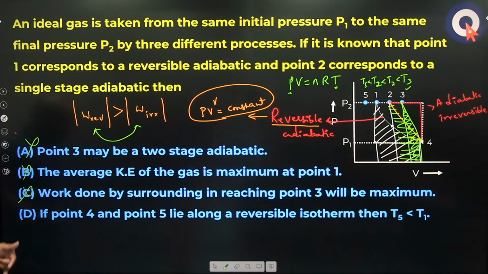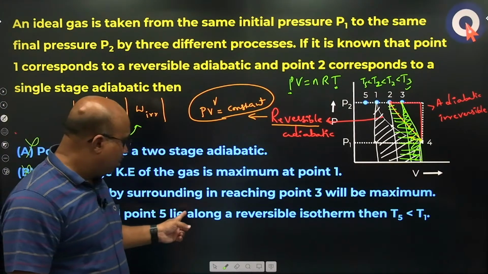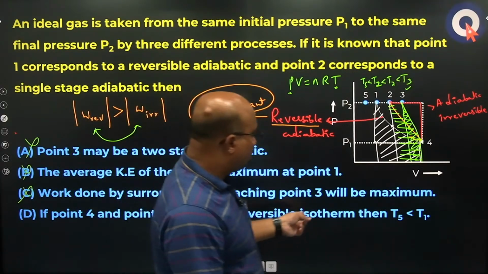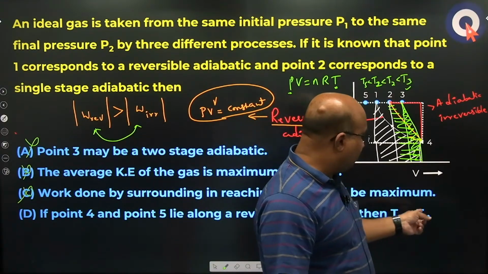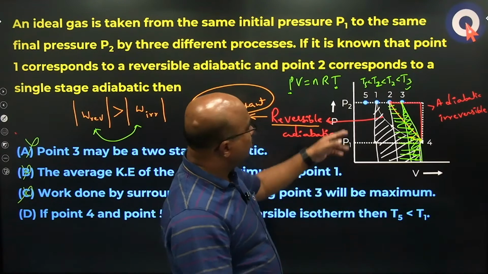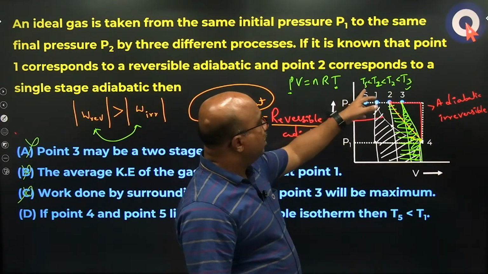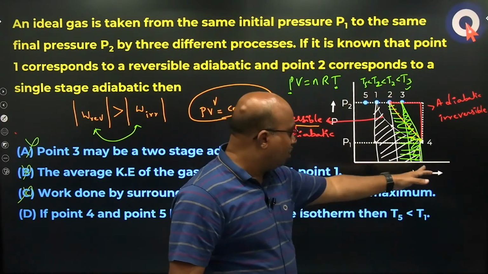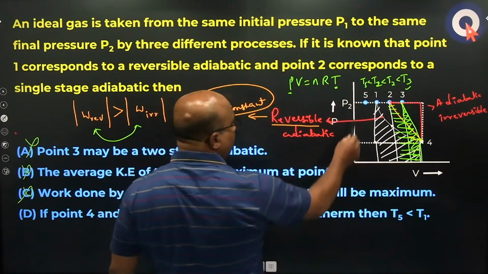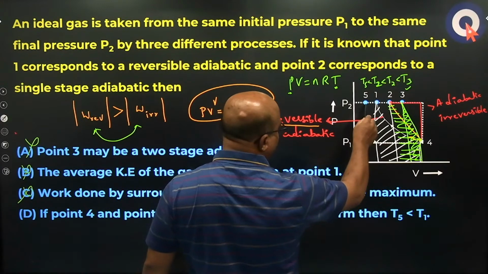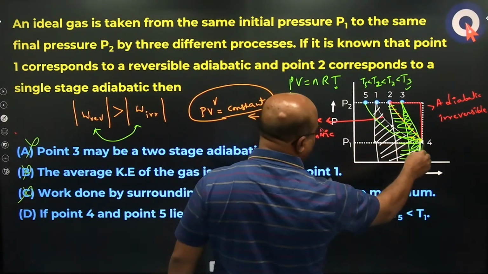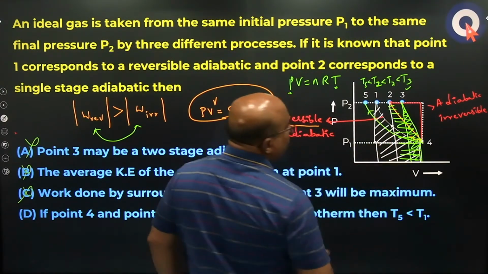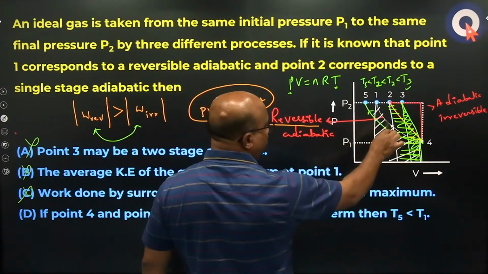So the only thing that might be left for us is, if the points 4 and 5 lie along the reversible isotherm, then T5 is less than T1. Anyhow, this is already defined, T1, T5, all this already defined with respect to the volumes. So if this graph is an isotherm, reversible isothermal, then this is adiabatic reversible.